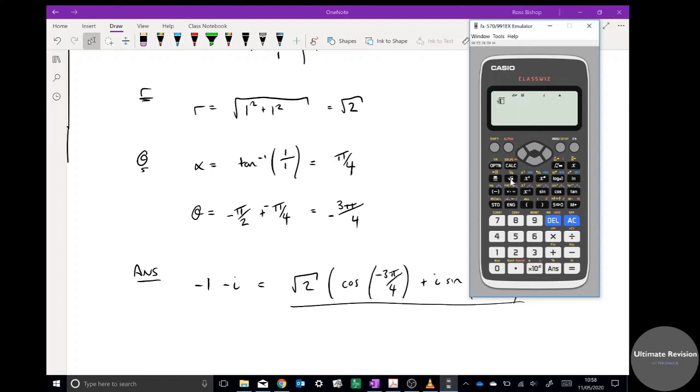I could have actually worked backwards. If I put in root 2, negative 3 pi over 4, plus i, putting it in this form, okay, sorry.